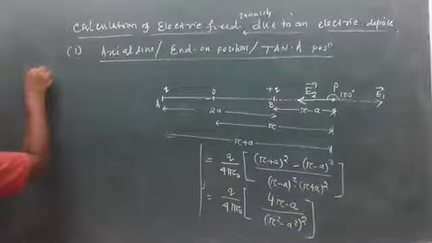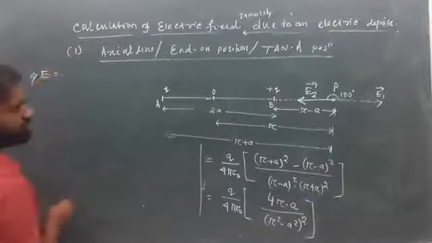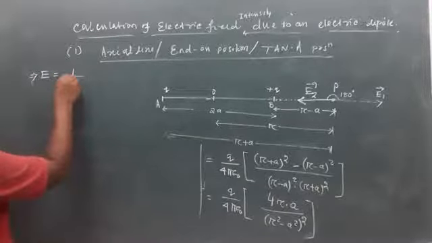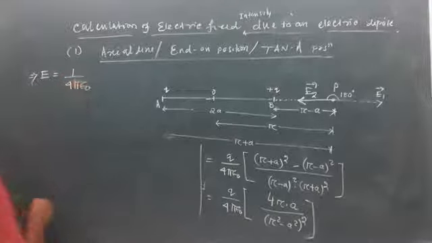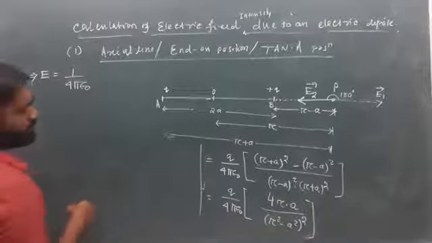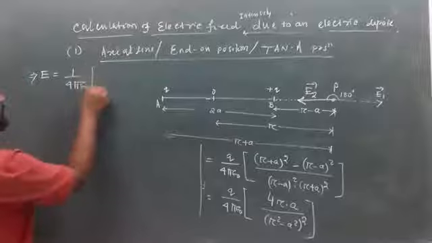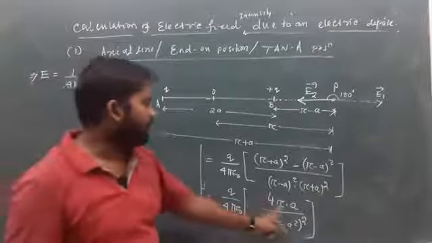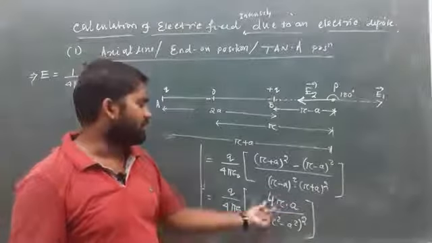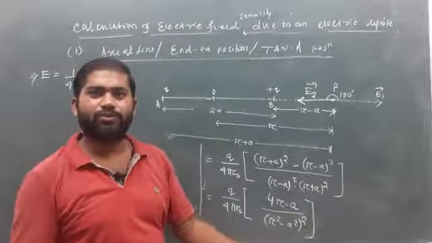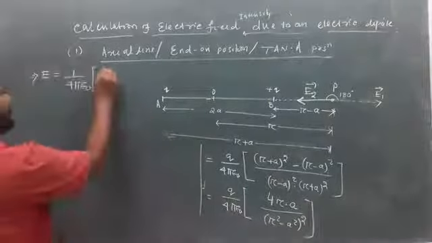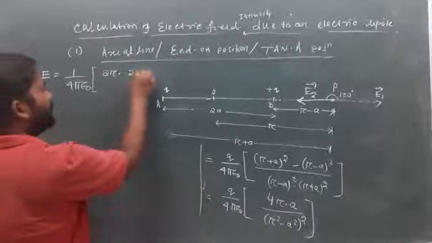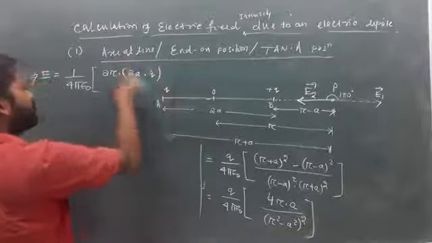So that implies E equals q times 1 by 4 pi epsilon 0. Okay. So these terms can be written as 4ra, which can be written as 2r into 2a. So I write here 2r, 2a into q.